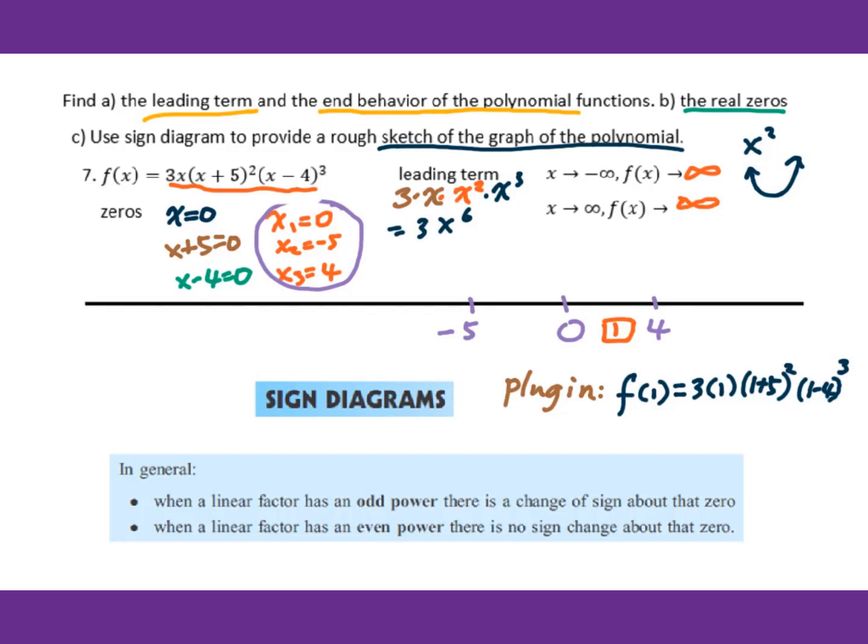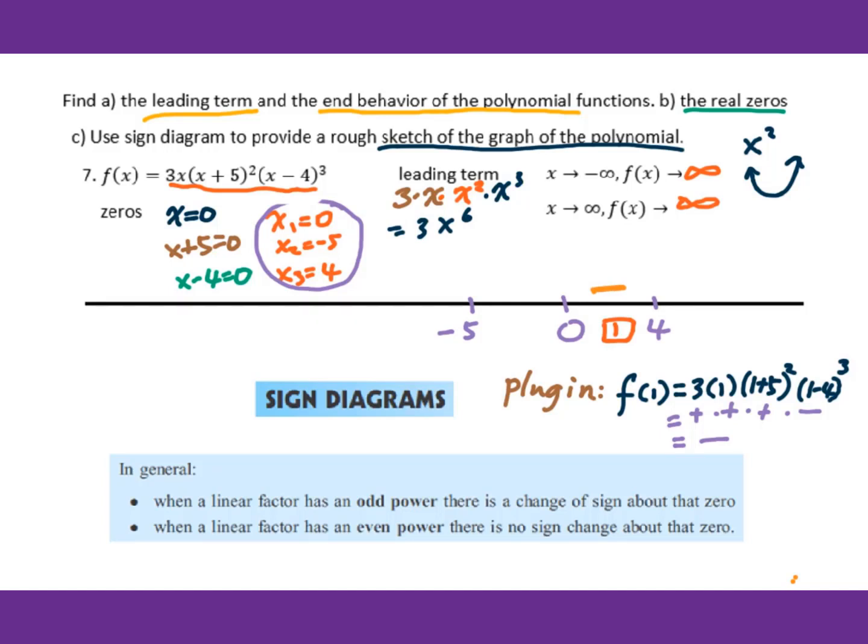We are looking for whether the value is positive or negative. So 3 is positive, times 1 is positive. (1 plus 5) squared is positive. (1 minus 4) to the third power is negative. Therefore, it's negative. After you get this is negative, you will label the interval including this special number as negative. Here it's negative.